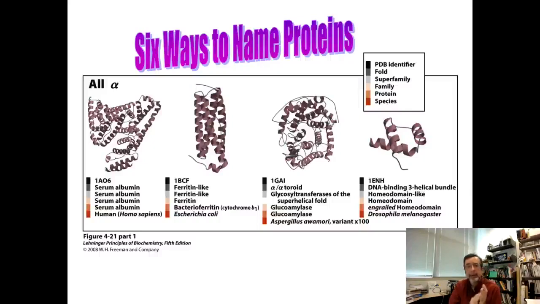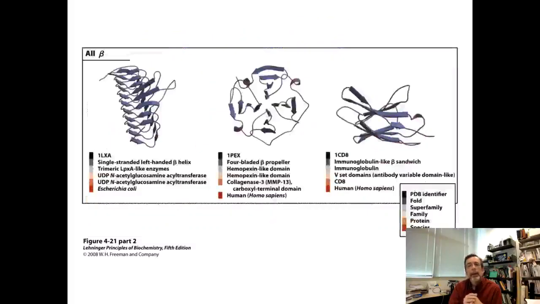And you can see here's 4 examples of it of various sizes, but these are all mostly all alpha, and they have very different arrangements of the alphas, but we can talk about what they have in similar things and what they have differently. Then if you can have an all alpha superfamily, you can also have an all beta superfamily.